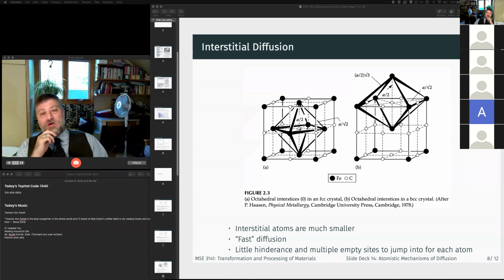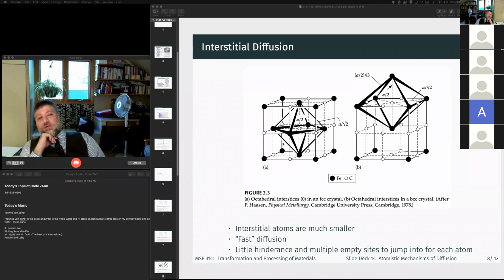And so that means there's lots of options where this atom can jump to. So interstitial diffusion is like giving the carbon atom a Porsche on the Autobahn compared to substitutional or vacancy diffusion in terms of the rate, right?